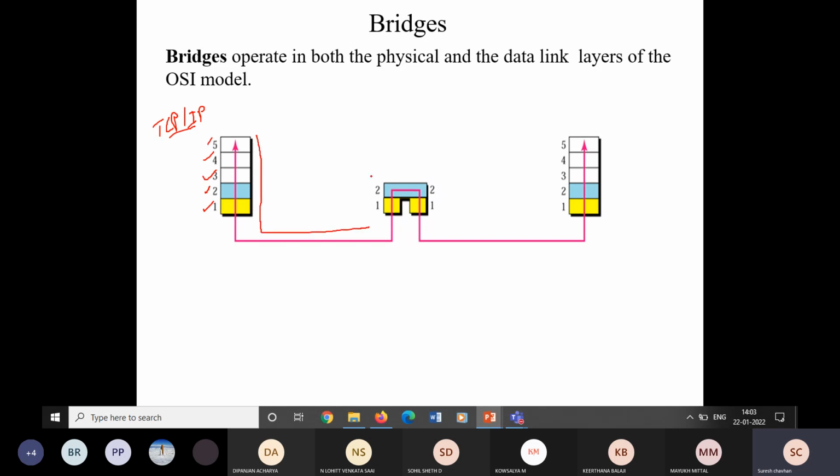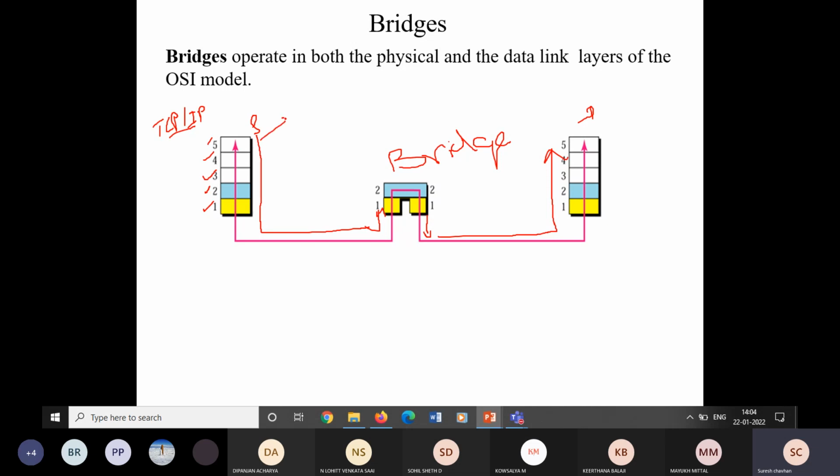Then this is the intermediary node, or here, as we are studying the bridges, you can say this is the bridge. The data will be going here, then from there it will be coming here, then this is the destination. And the source, if you consider, the data flow will be like this.